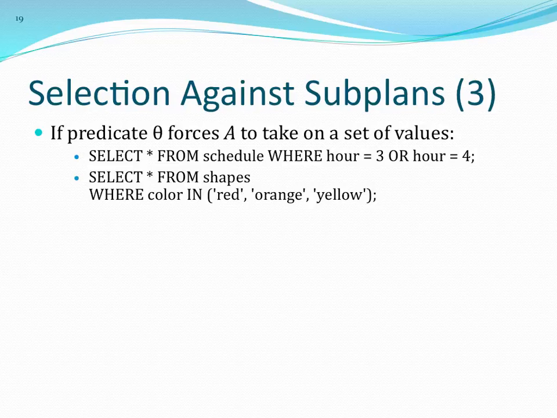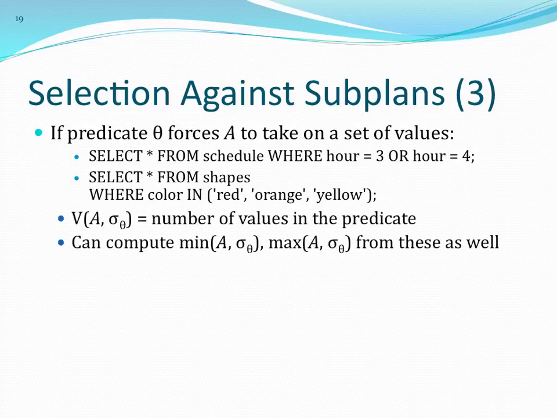I mean, min and max we could do for strings, but obviously we don't, and we could also compute the number of distinct values, but we don't use that in comparison estimates. So we just have the number of distinct values being the number of values in the predicate, or maybe we want to be more sophisticated and say the number of distinct values in the predicate, and we can compute the minimum and maximum as well. In this situation, orange would be the minimum and yellow would be the max. Okay?